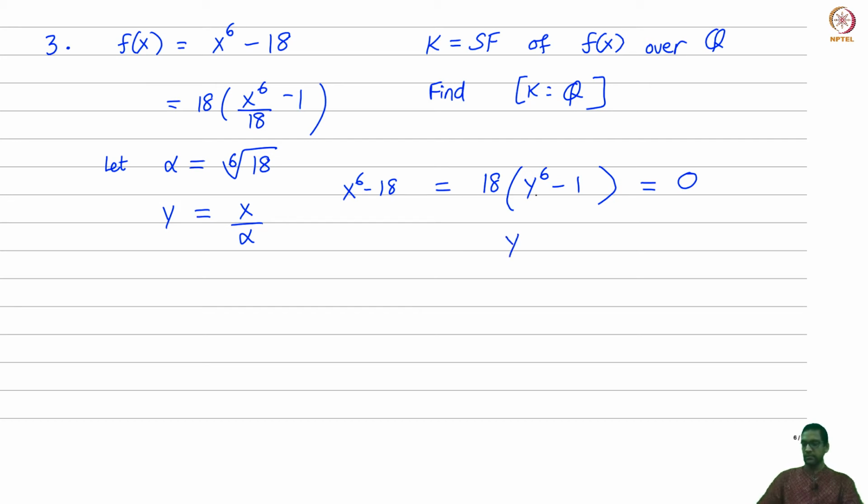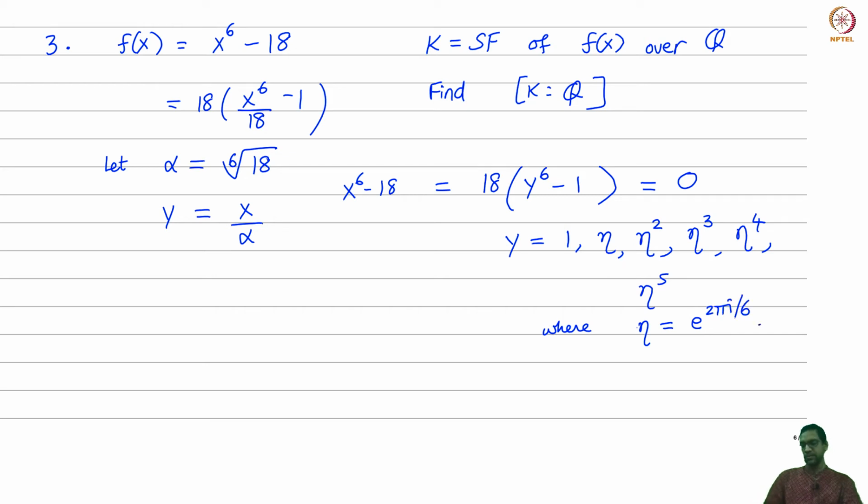Well, what are its roots? This polynomial has the obvious roots, which are the sixth roots of unity. So y is just 1, and I'll use the notation of the previous problem, which is eta. Eta, eta squared, eta cubed, eta to the 4, eta to the 5, where eta just denotes the 6th root of unity.